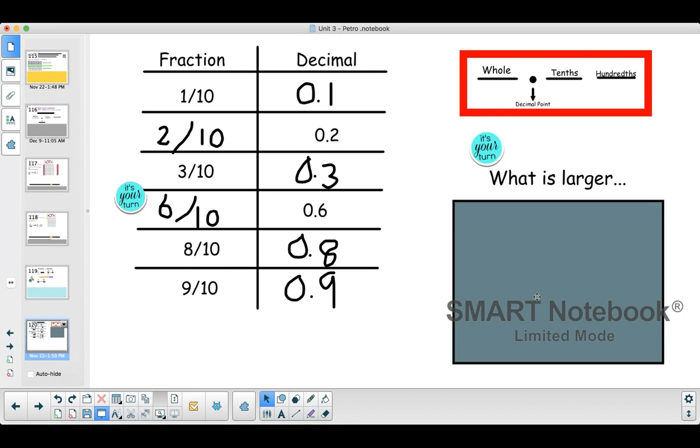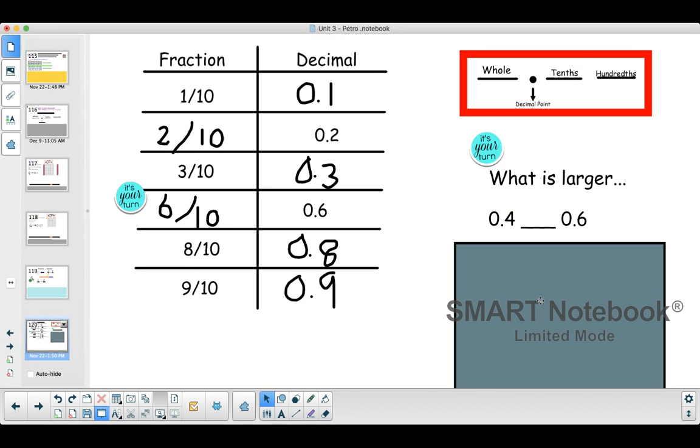Which is larger, 4/10 or 6/10? If you said 6/10 is larger, you are correct.